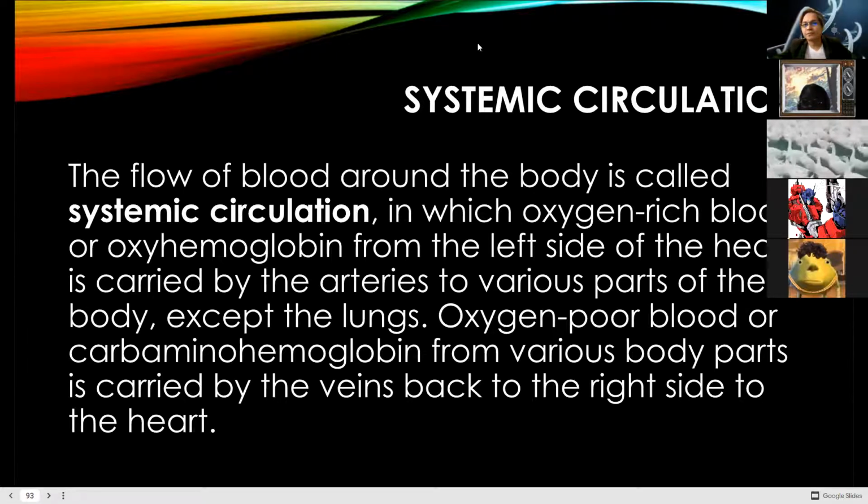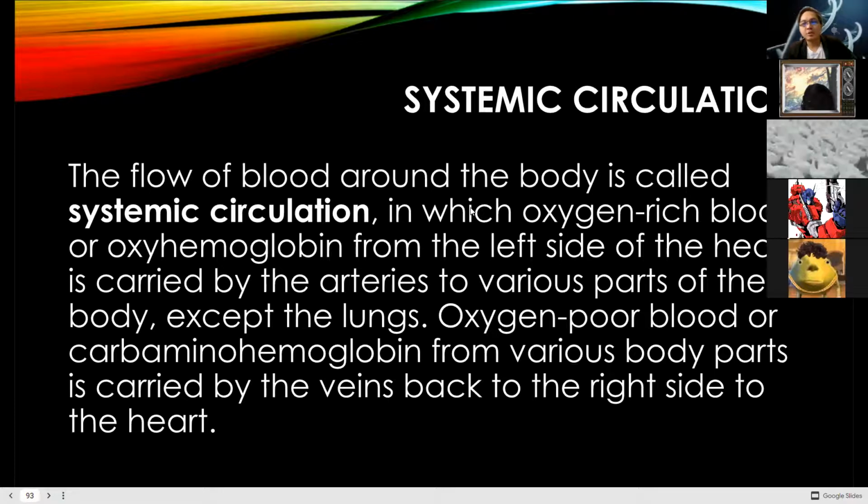Systemic circulation. The flow of blood around the body is called systemic circulation. It is going to all systems of the body, in which oxygen-rich blood or oxyhemoglobin from the left side of the heart, because the left side of the heart is carrying oxyhemoglobin and the right side is carrying carbaminohemoglobin, is carried by the arteries to the various parts of the body, except for the lungs, because the lungs have their own veins and arteries.